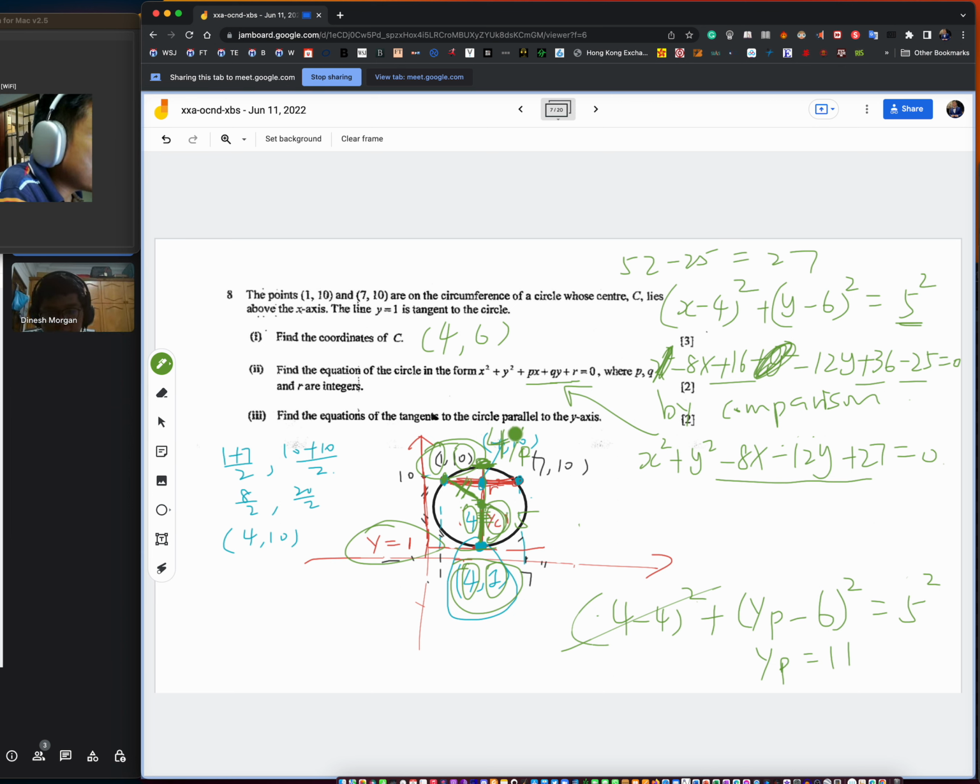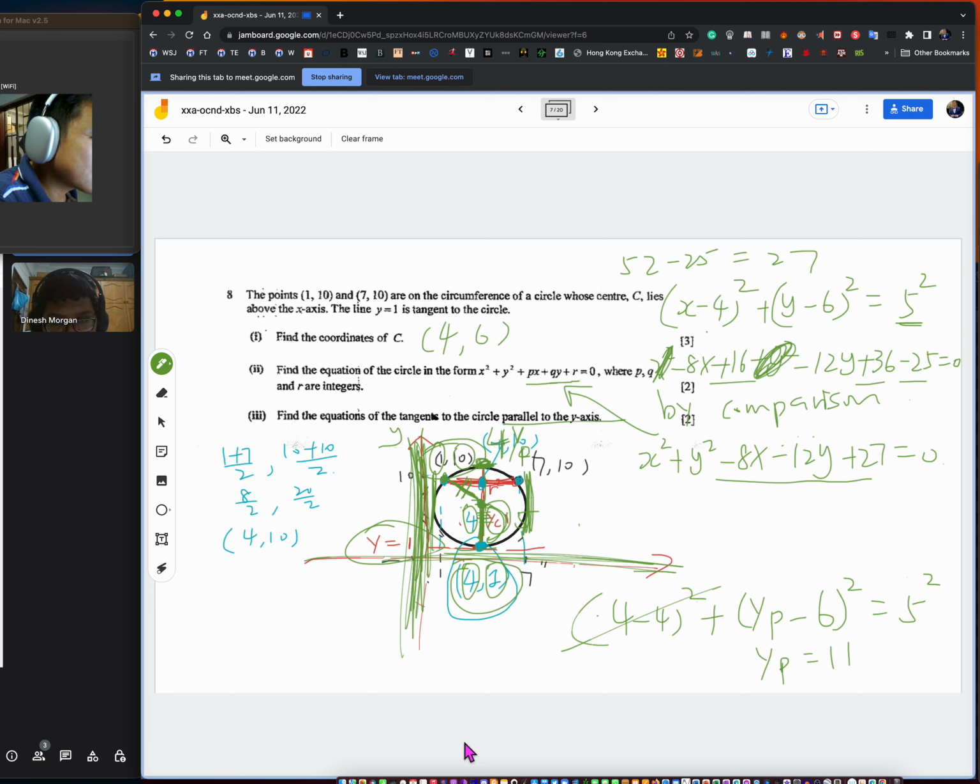Oh no, they want it parallel to the y-axis. That means here, not the x-axis. But never mind, I have found something. So the y-axis is this, so you need to find this.